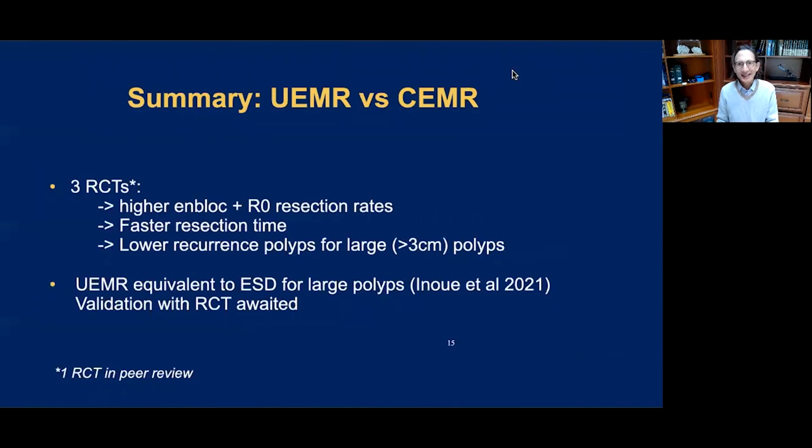So to summarize, comparing UEMR and conventional EMR, there are 3 randomized controlled trials, 1 in peer review now, all showing a higher en bloc resection rate and higher R0 resection rate, significantly faster resection time, and time is money, and a lower recurrence rate for polyps larger than 3 centimeters in the Austrian study, and very close to statistical significance in the international trial that's in peer review.